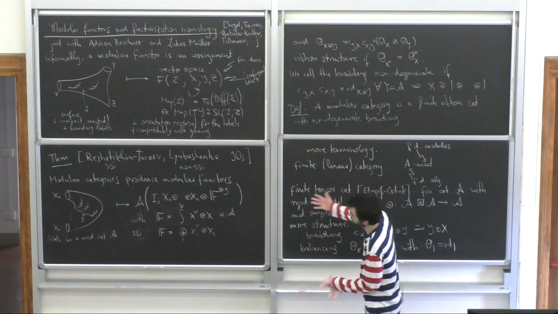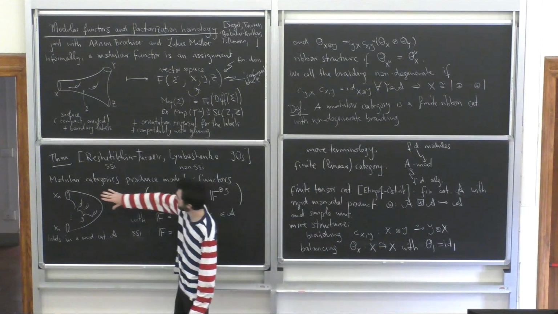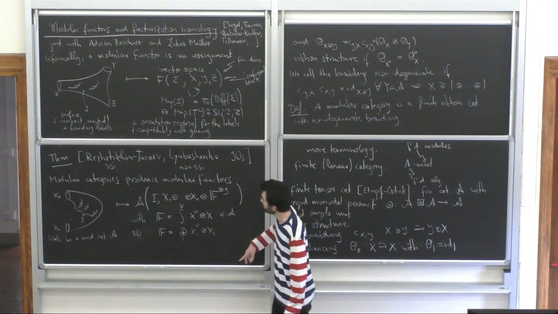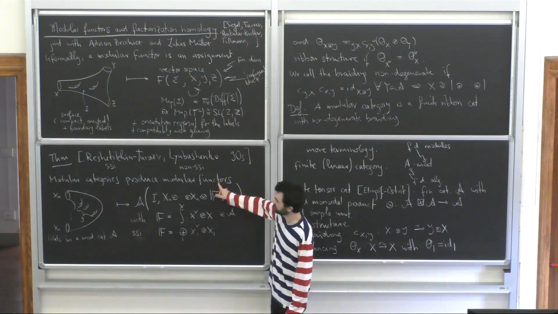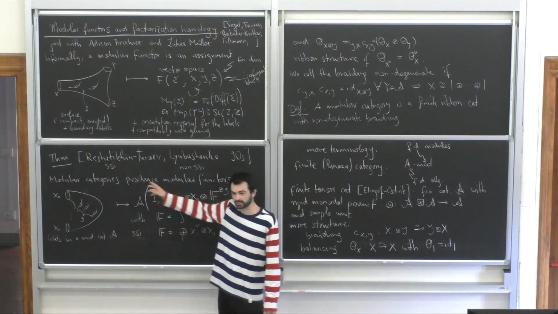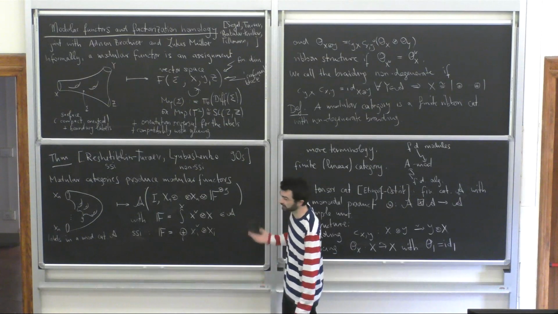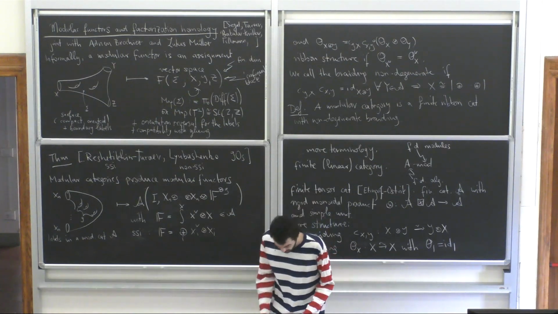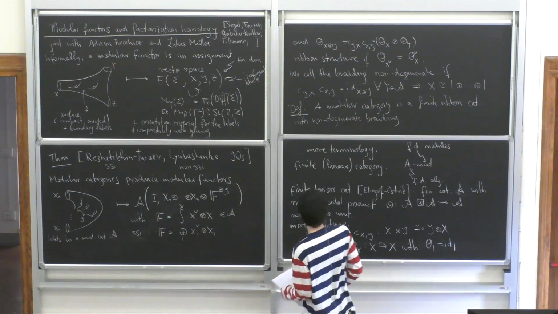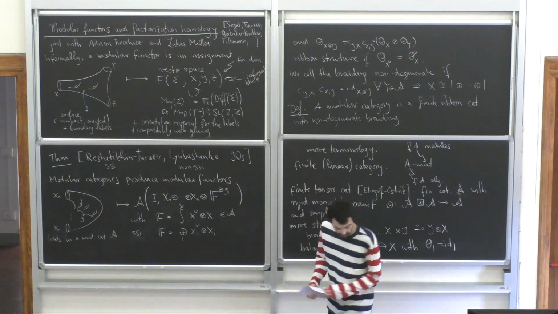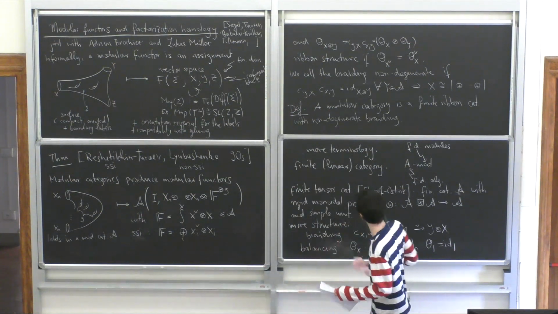Because here you get that modular categories produce modular functors, but would the modular functors also produce modular categories if you somehow reverse this? And what we find is actually that this is not true. So how would one approach this?